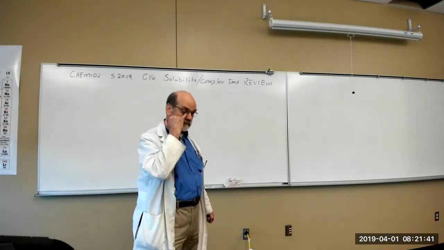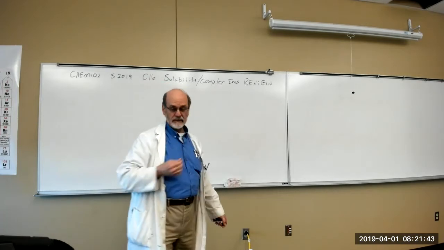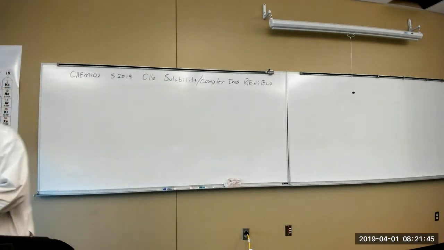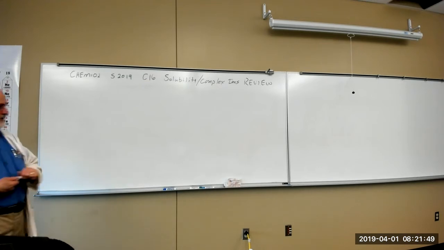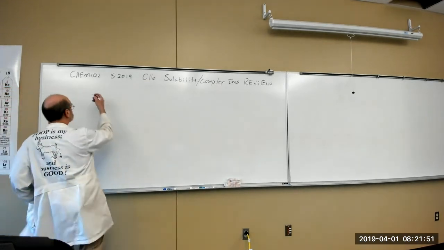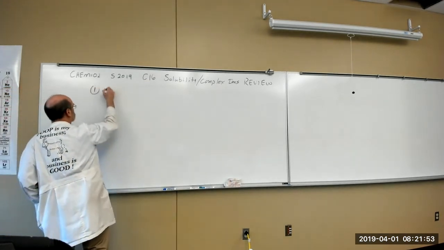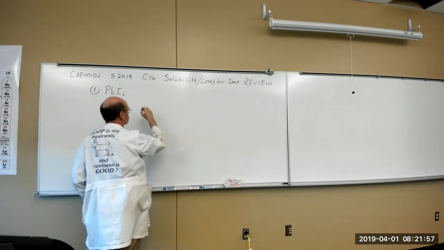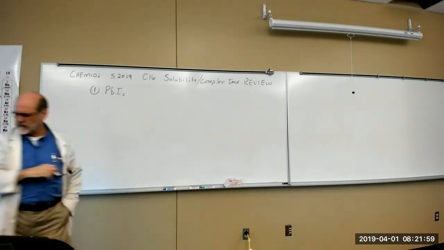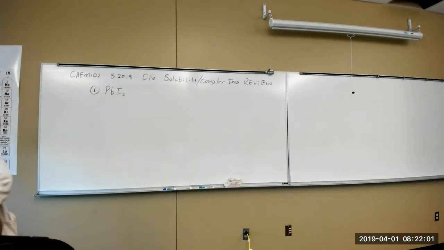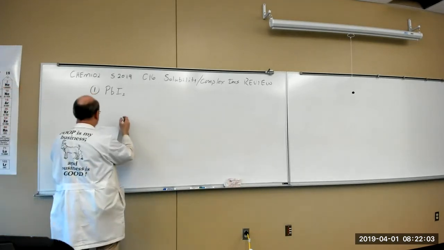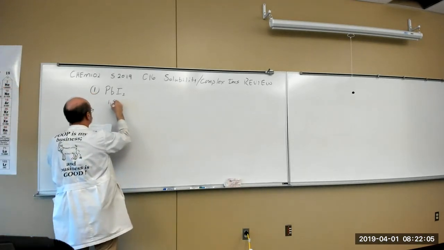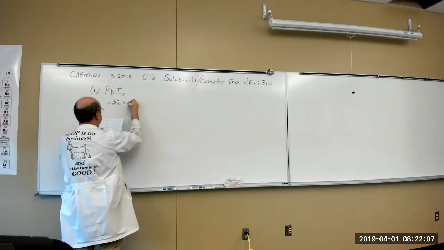So it's used, for example, in question number 1 on the review. We have lead iodide. And we have its molar solubility as 1.52 times 10 to the negative 3 molar. I guess what my brain wants to know is, how is that number used?